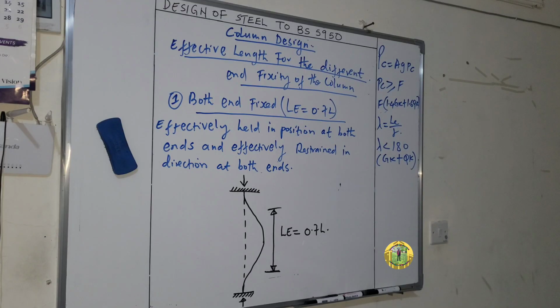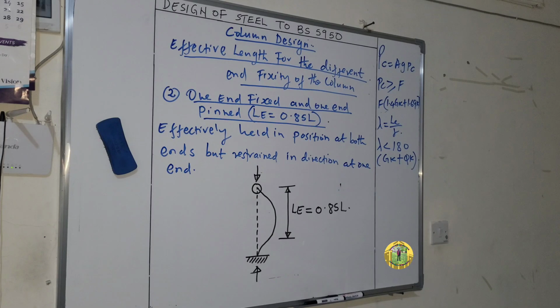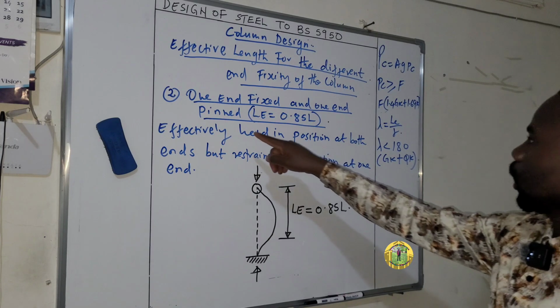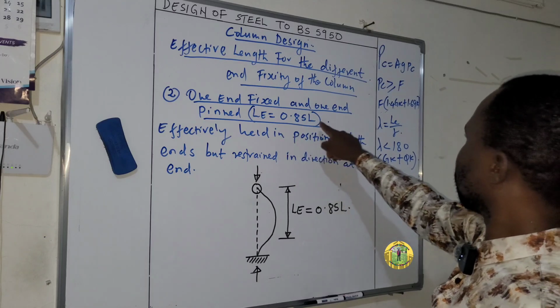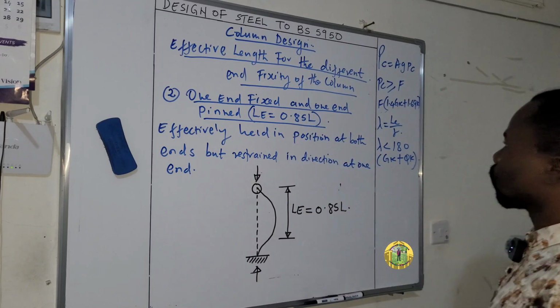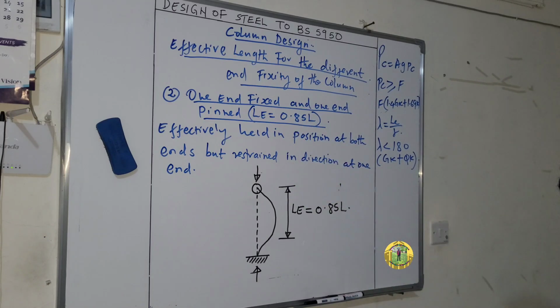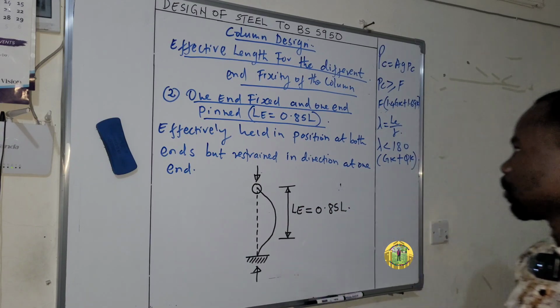We go to number 2, and this is one end fixed and one end pinned. So the effective length is equal to 0.85 L. As you can see, this end is pinned and this end is fixed.